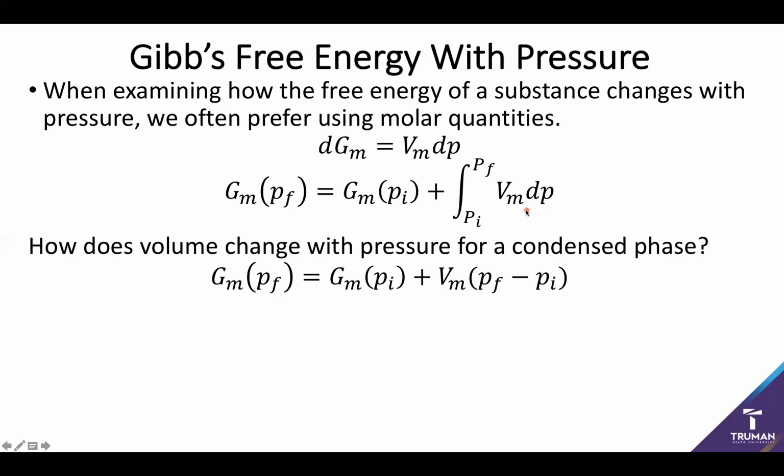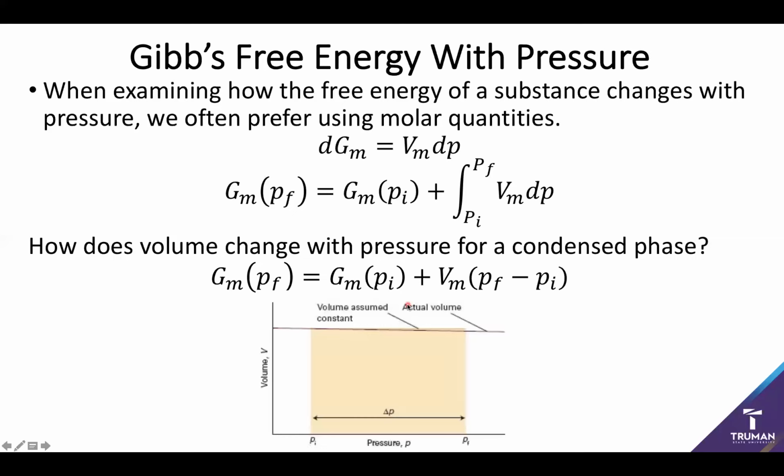So in general, it's going to stay relatively fixed, which makes this integral positively easy because molar volume then becomes a constant. It pops out front, and then any change of Gibbs is going to be related to the simple difference in my final and initial pressure, which ends up giving us quite a nice equation.